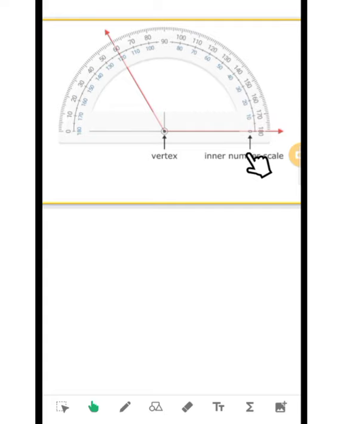Look at the zero of the inner scale, which is in the direction of the ray. Here, from this we have to look at the inner scale.